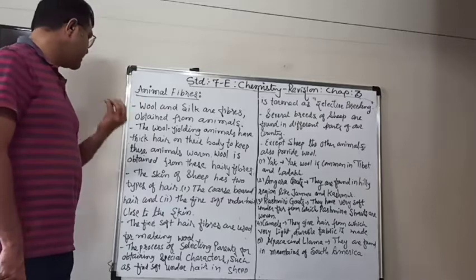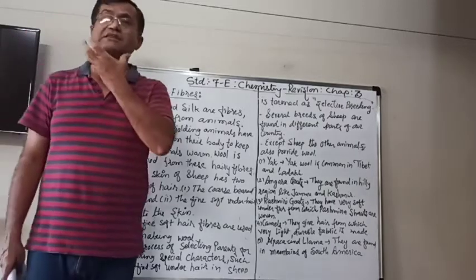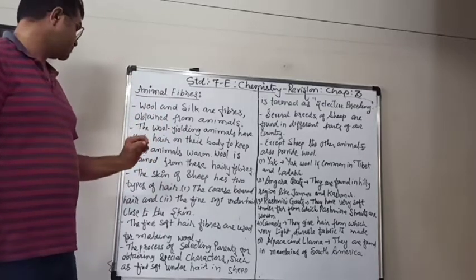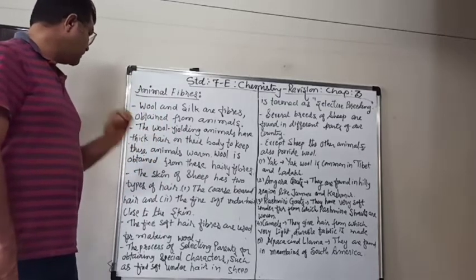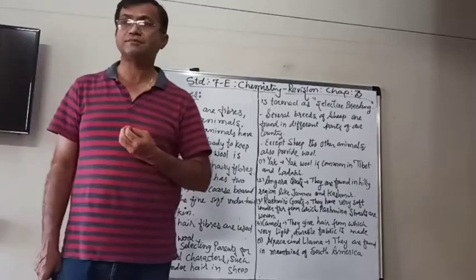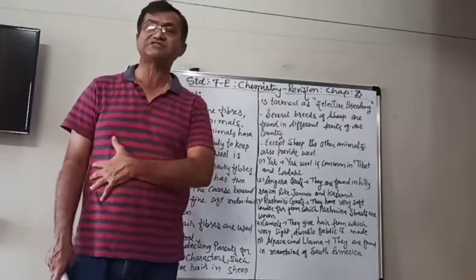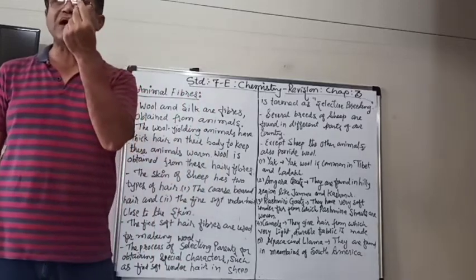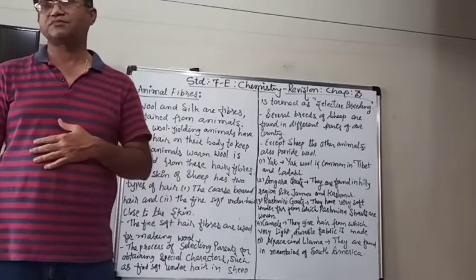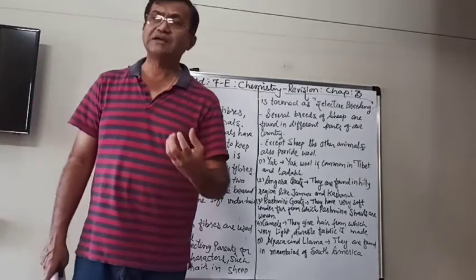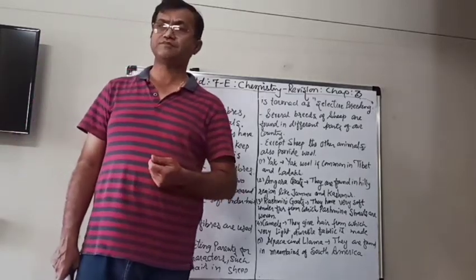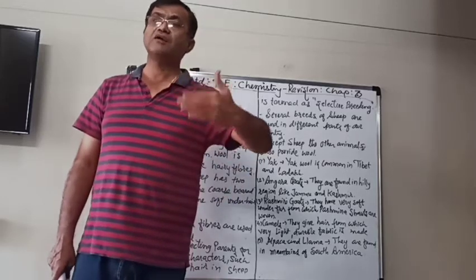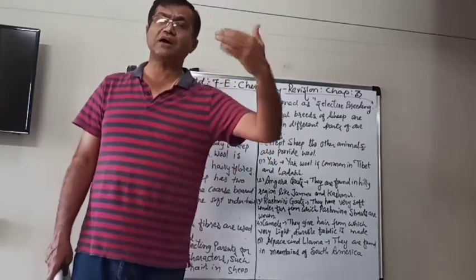The coarse beard hair, that is near the beard, and the other is the soft, fine under hair close to the skin, all over the body, which is known as under hair, and which is very fine and soft. And we use that soft and fine hair to obtain the fibers, and then from fibers the fabric.